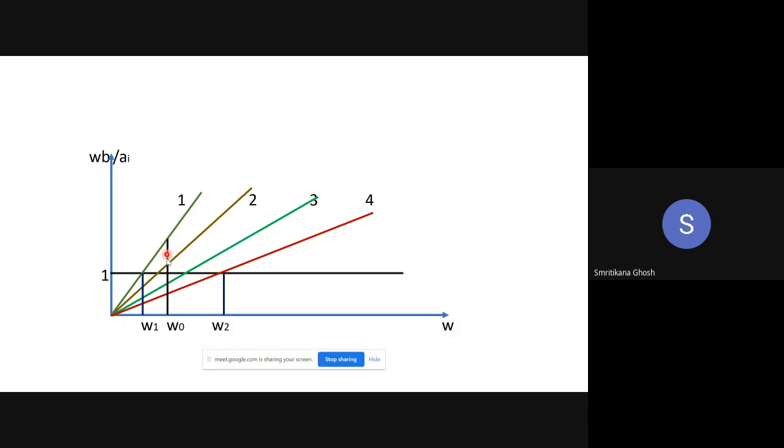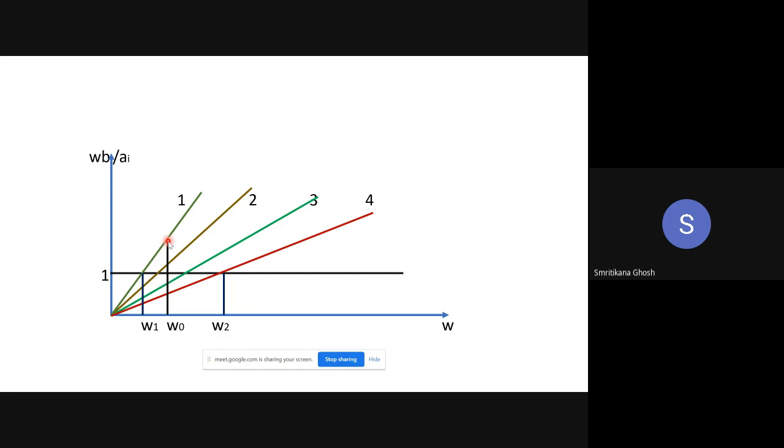If I draw the vertical line from W naught, it will intersect the line of commodity 1 above this parallel line. This parallel line is showing the relative wage, or rather W into BI by AI is equal to 1. So this vertical line is intersecting the line of commodity 1 above this point.